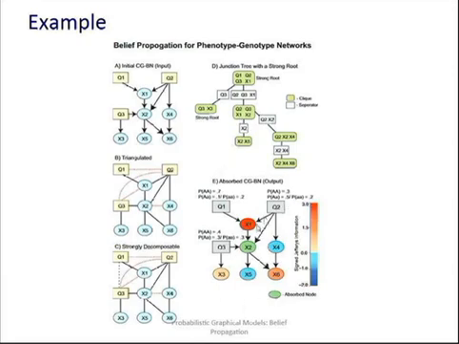So in this particular example, what I'm showing here is, let's talk about a network which has genes and genotypes, and I have information about this gene here, whatever that information is. I have it, it's just called an absorbed node, but it could be a knockout, it could be that it's overexpressed, it could be anything.